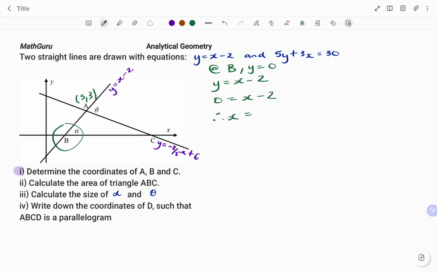Therefore, the value of x, if I move my negative 2 to the left-hand side, will give me positive 2. So point B will have the coordinates x is 2 and y is 0.